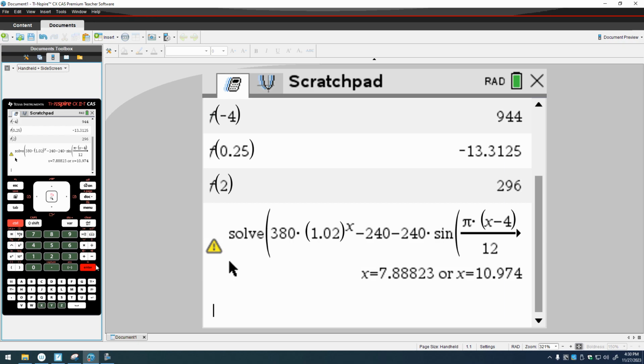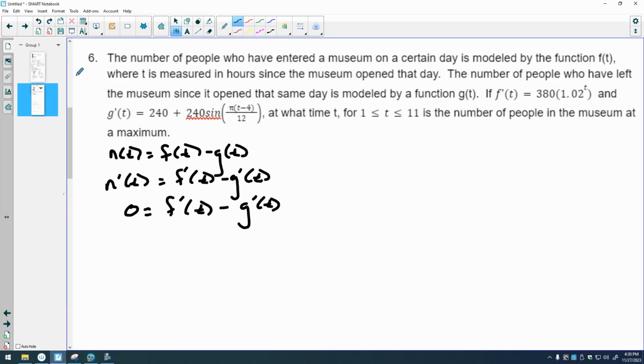Okay, 7.888 and 10.974. So my two options are t equals 7.888 and t equals 10.974. All right, so here was some of the frustration from a couple people.